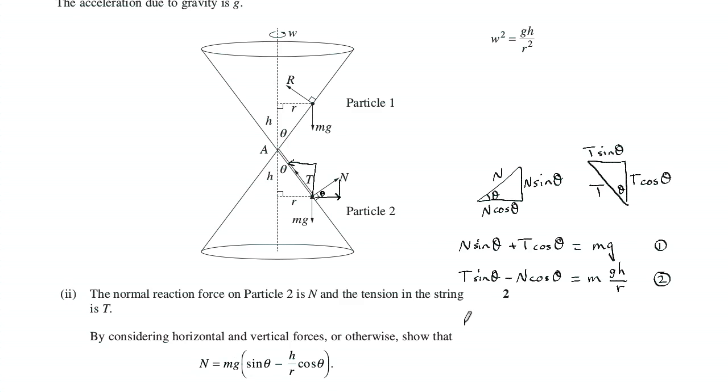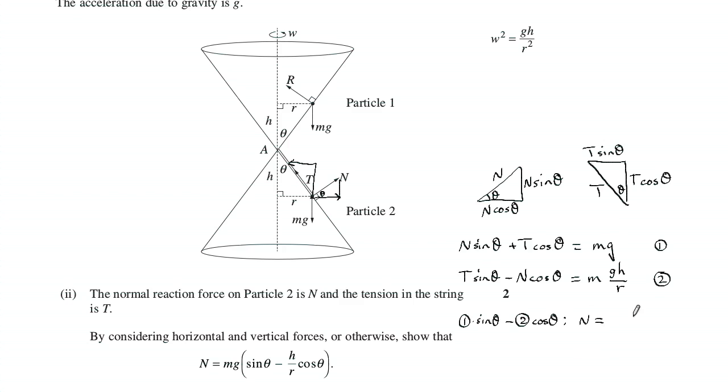So if I go equation 1 times sin theta minus equation 2 times cos theta, that's going to give us n sin squared theta, and then we're subtracting a negative n cos squared theta, so that's actually going to give us n on the left hand side, because sin squared plus cos squared equals 1, and the t's are just going to disappear. That's really great. That gets rid of the t's and all of the sines and cosines on this side.